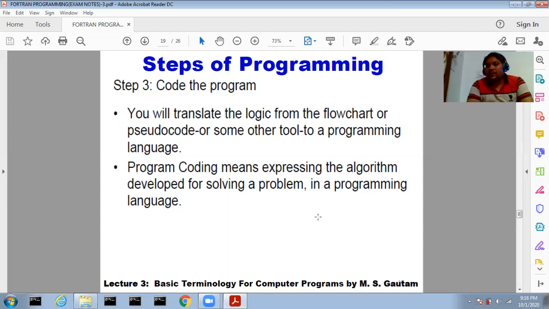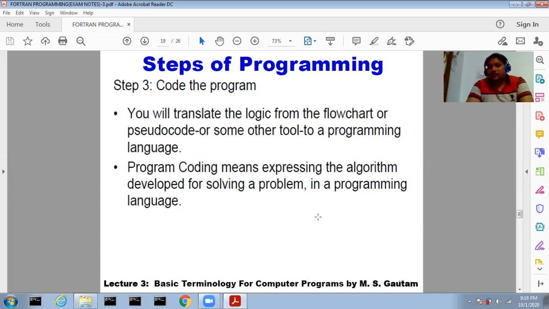In any language, there are some rules, some syntax that are well defined, and we have to follow all the syntax, all the rules of that particular language. If you are not obeying those rules, then there will be errors, and these errors are syntax errors. We will discuss all these in more detail in the next slide.